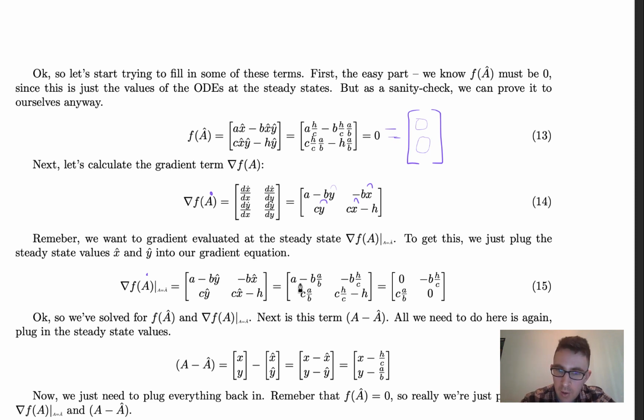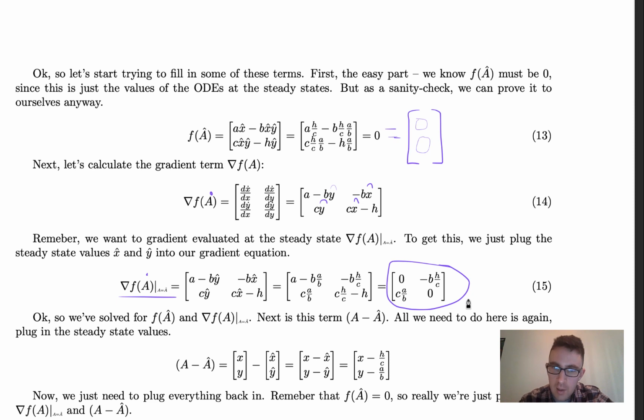We can compute a minus b times a over b, and we just get 0 for that. For each of these terms, just compute them out, and then we get this final answer here, which is the whole term: the gradient of our system of ODEs evaluated at our equilibrium point. We've solved it out step by step into this matrix here.